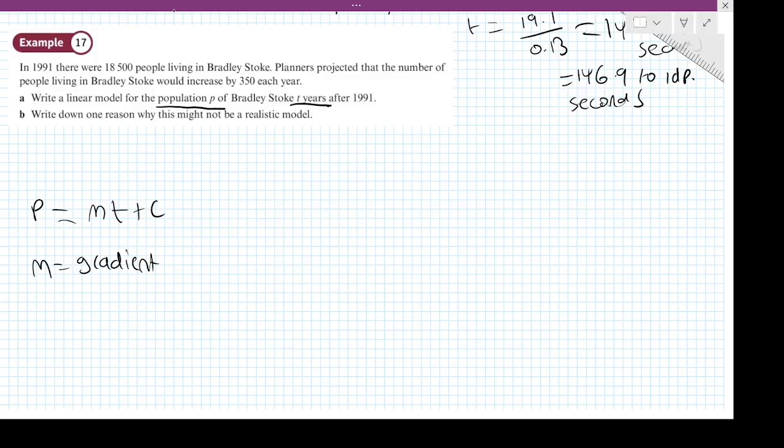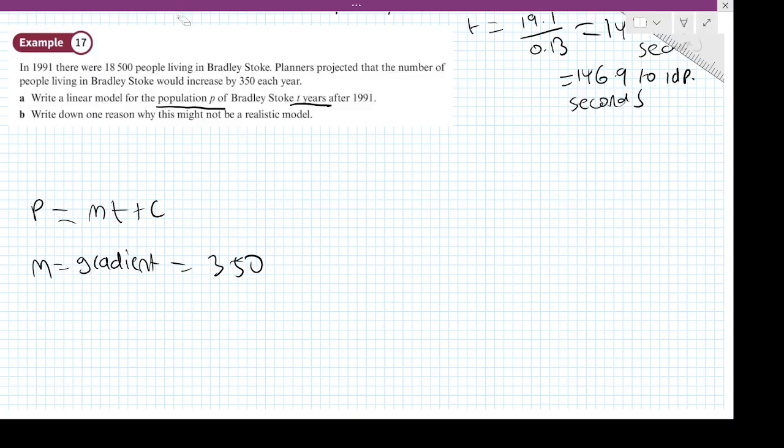As we discussed, as t goes up by 1, p goes up by the gradient. Well, isn't this the gradient here, 350? That's telling you each year the population goes up by 350. That's the rate of change, right? Sort of like the change in P over change in T. Remember the gradient was change in Y over change in X. This is the change in the population as T goes up by 1. Okay, so that is your gradient there.